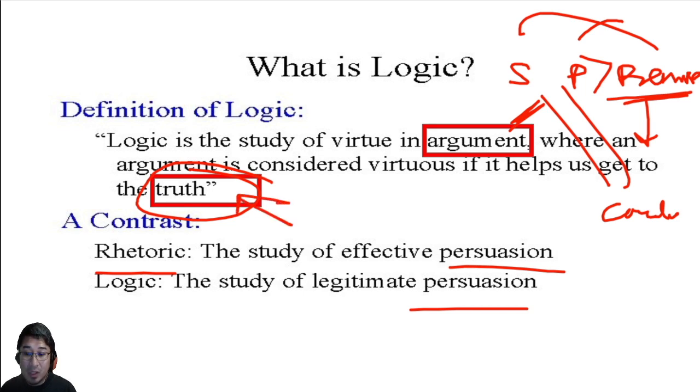Ang logic, we try to persuade and convince the public using proper arguments. Ito, may arguments din naman ang rhetoric kasi. Ang problema with the persuasion using the arguments on the rhetoric, it's not after the truth. Sa logic, in order for it to be legitimate, it has to be embedded under the truth. That's the difference between rhetoric and then logic.